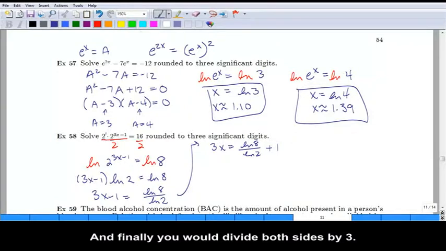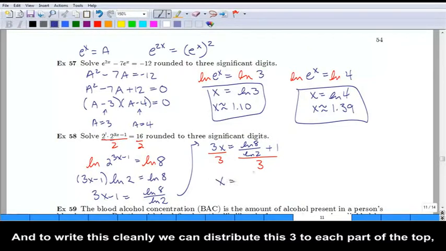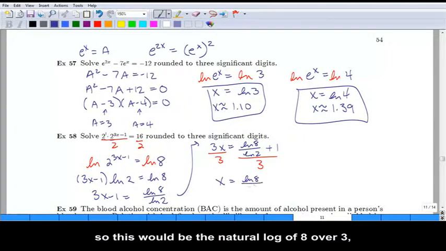And finally, you would divide both sides by 3. To write this cleanly, we can distribute this 3 to each part of the top. So this would be the natural log of 8 over 3 times the natural log of 2, plus 1 over 3. So we've divided both of those.